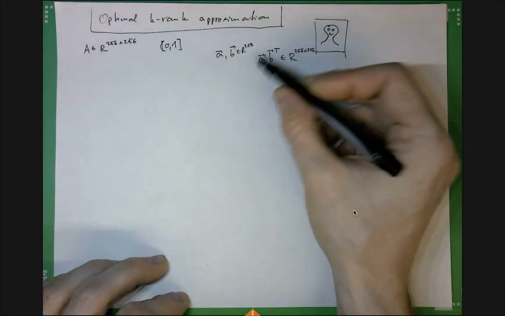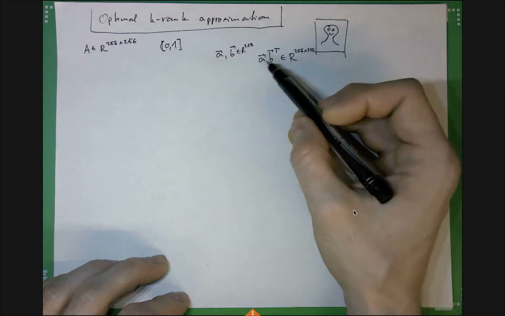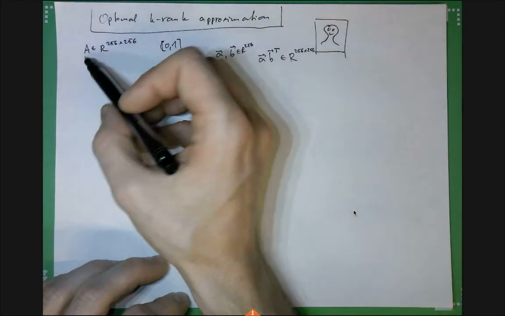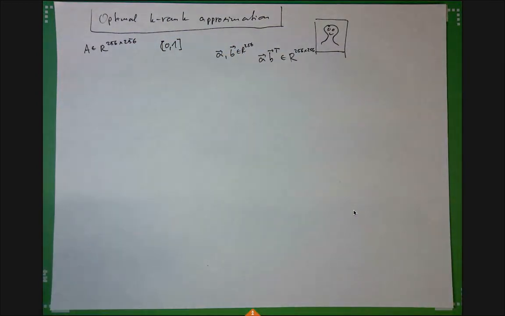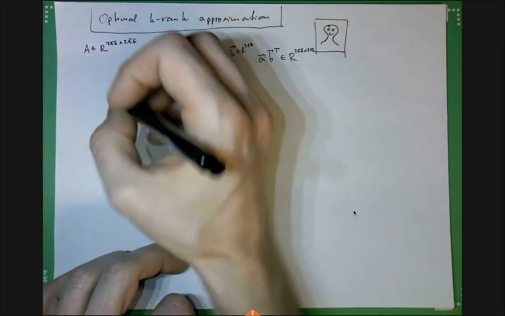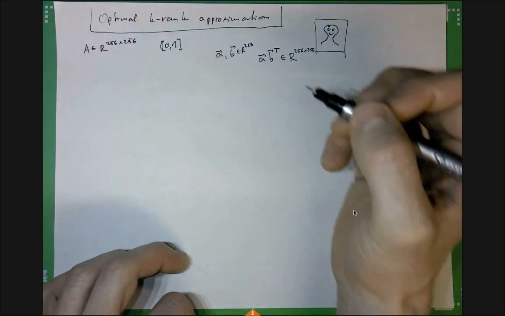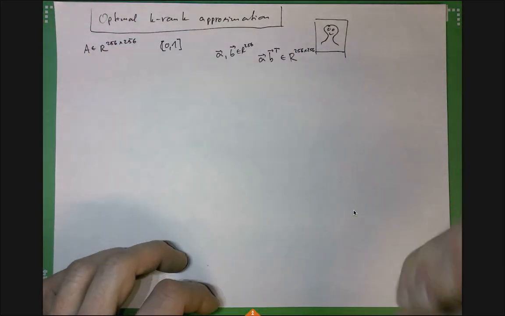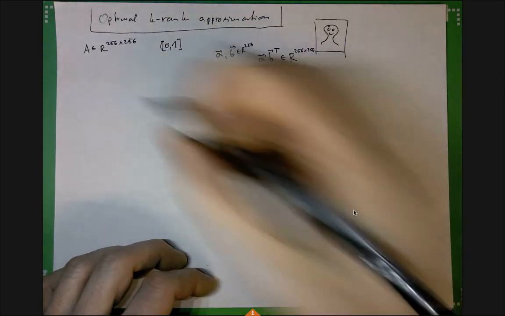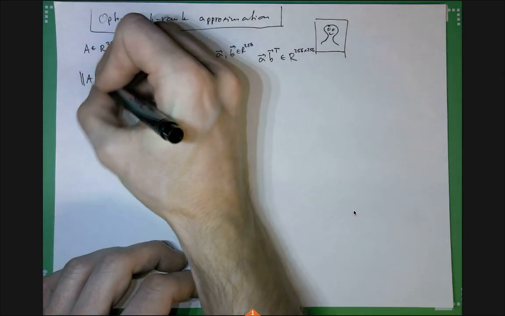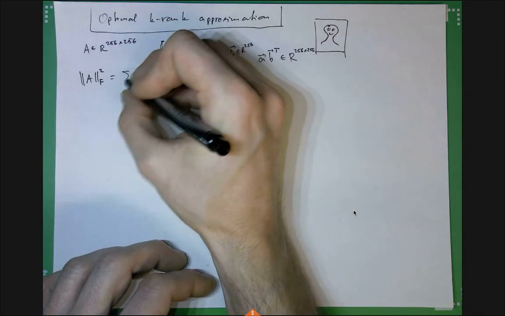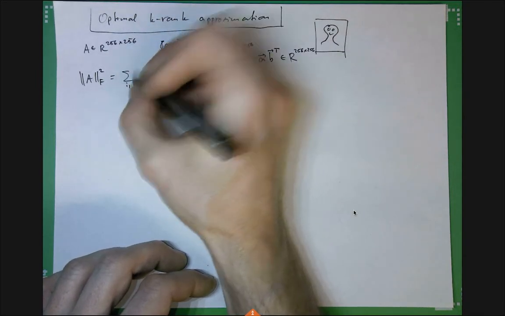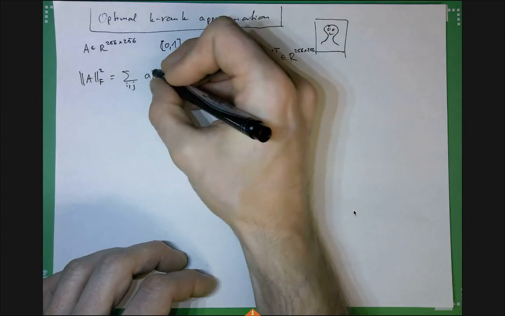And I would like to find these a and b which give me the matrix that is the best approximation of A. So what do I mean by best approximation? I need to clarify this. I can measure the quality of approximation, for example, using the Frobenius norm. Do you remember the Frobenius norm? The Frobenius norm of A squared is the sum over all elements of A squared.